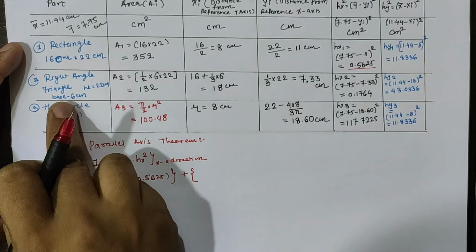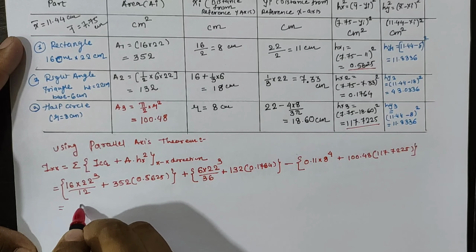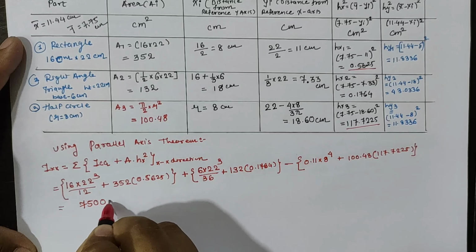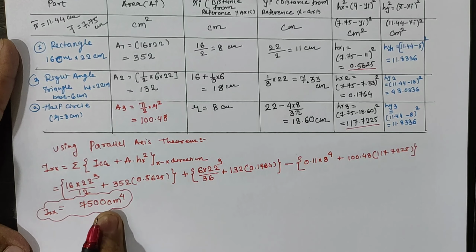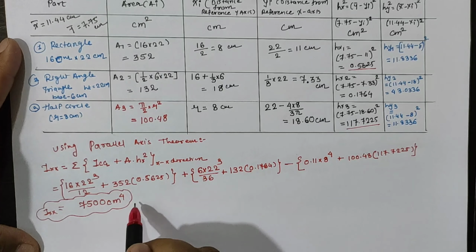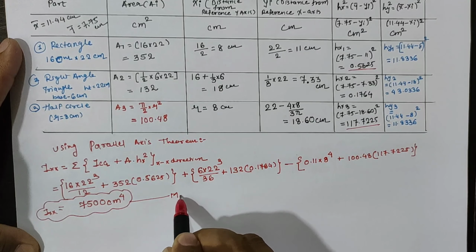Now solving this term, we have Ixx as 7500 centimeter raised to 4 according to the given condition. So this is the moment of inertia with respect to the x-axis.